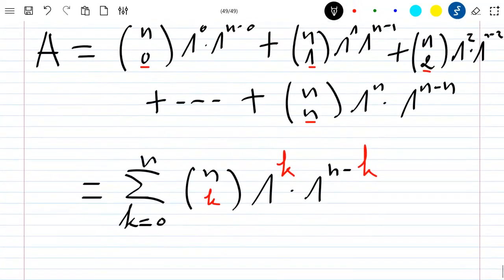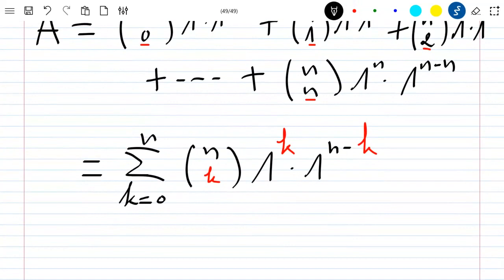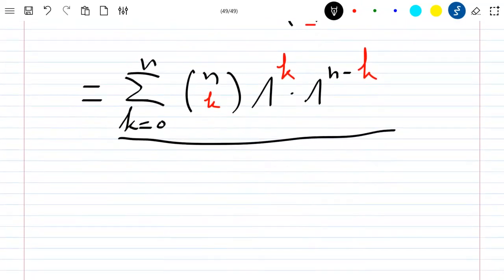And using the binomial theorem, you can see that the exact expression of this formula is (1 plus 1) power n.